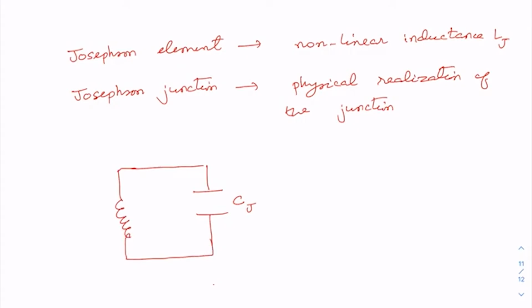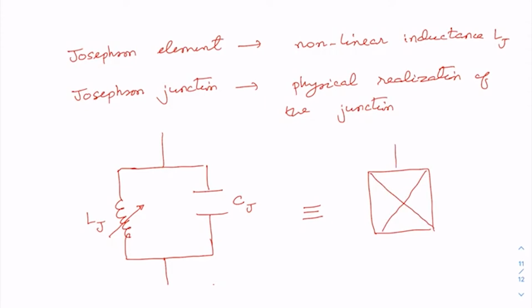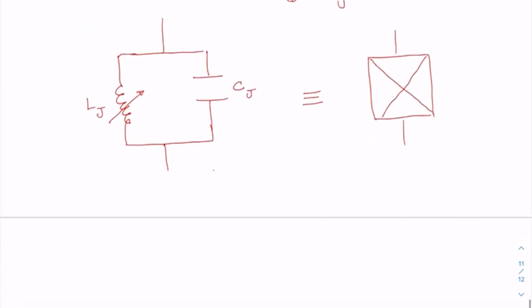So this is the model diagram for a Josephson junction for the physical realization. But actually symbolically it is represented in a simpler form, and this is denoted in literature simply by this cross. This cross actually refers to the nonlinear inductance or the Josephson element.